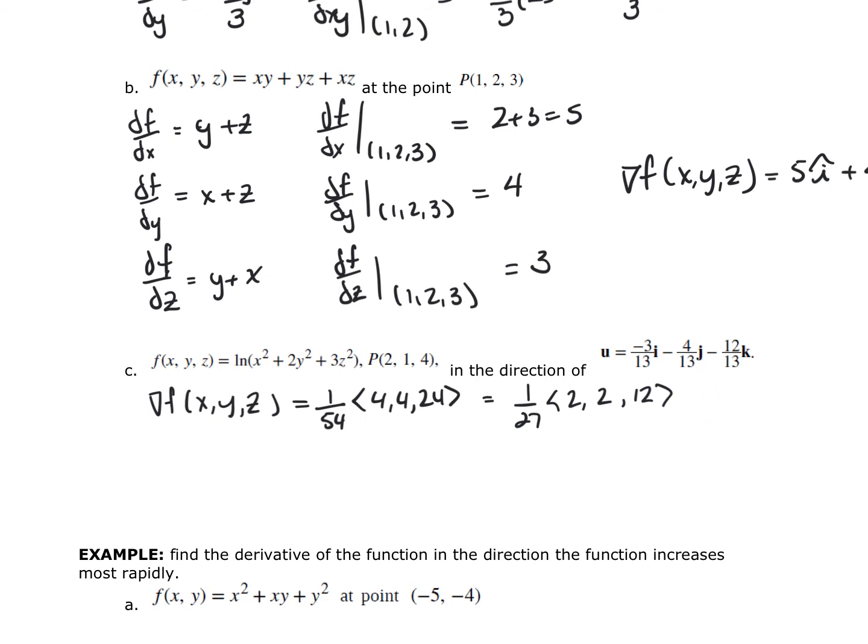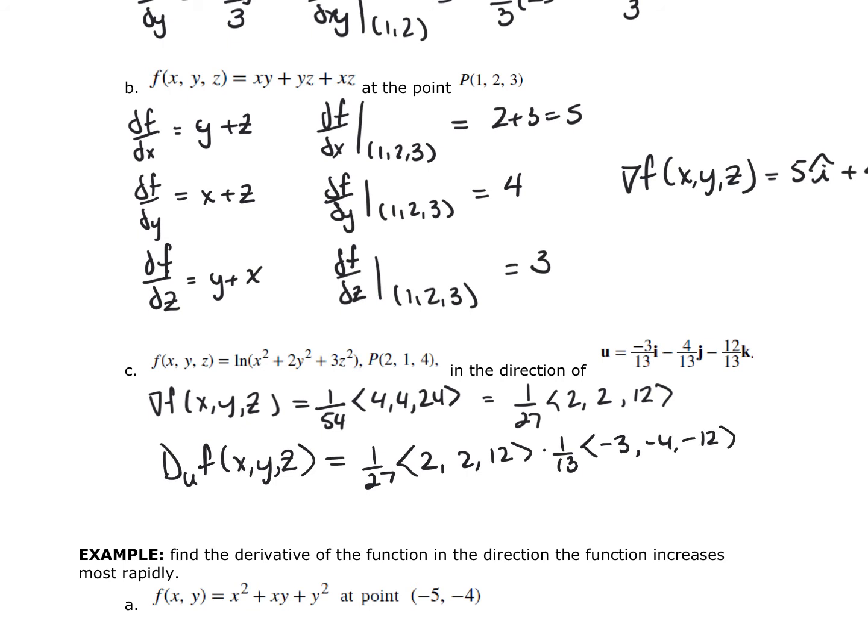And then, if they want the directional derivative, so D in the direction of u of f of x, y, and z, then this is just going to be the dot product of 1 over 27, 2, 2, and 12 with the vector. I'm going to factor out a 1/13, and then I have negative 3, negative 4, and negative 12.